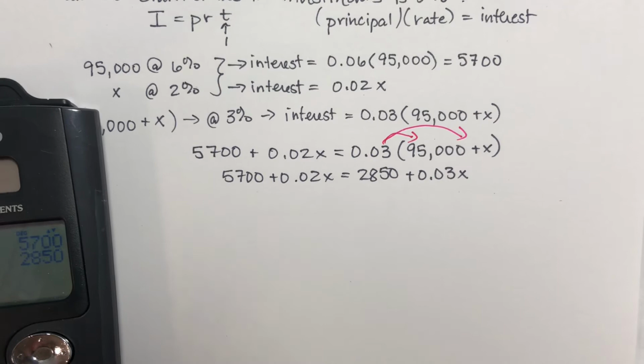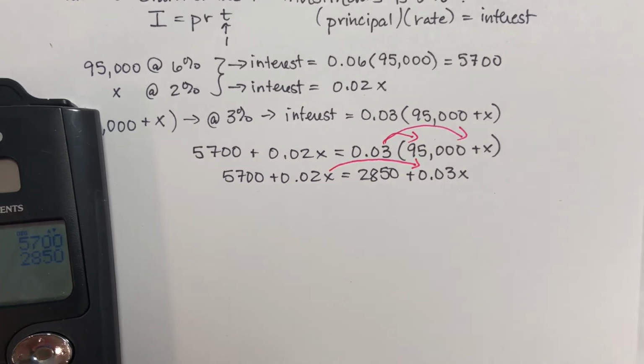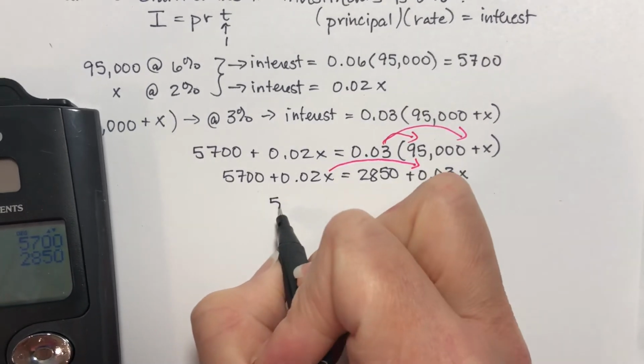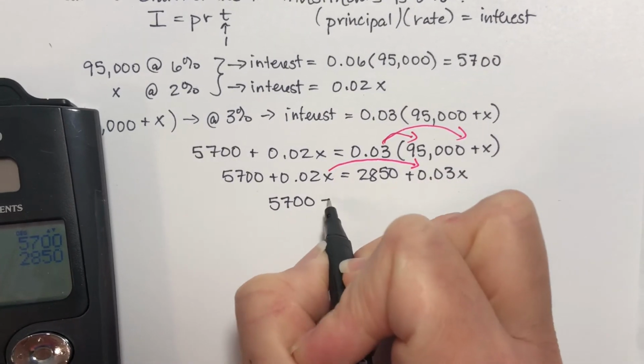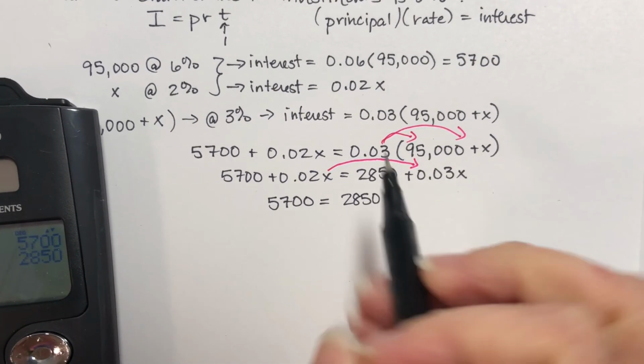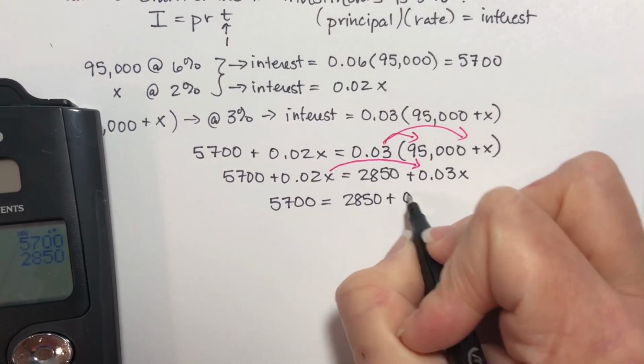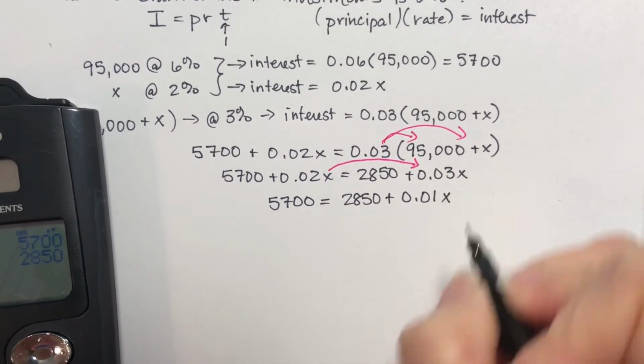All right, now we just need to move things around. I want my x's together, so I'm going to move this over to here. So I get 5,700 is equal to 2850 plus, when I subtract 0.02 from both sides, I get 0.01x.